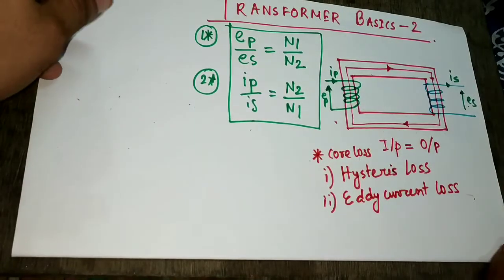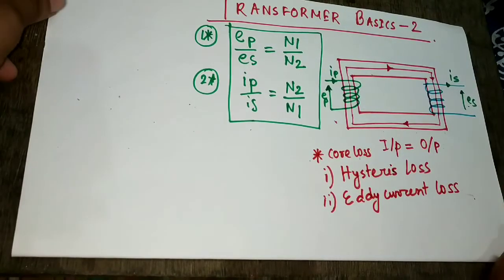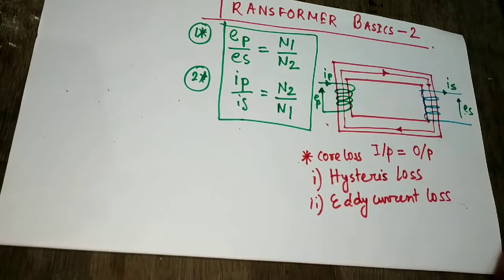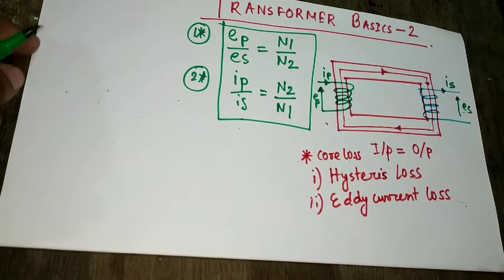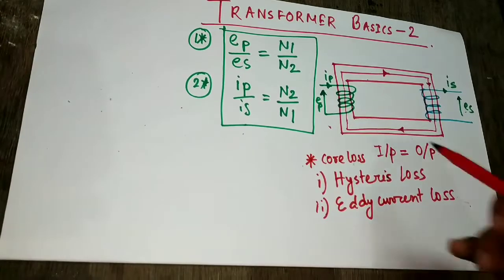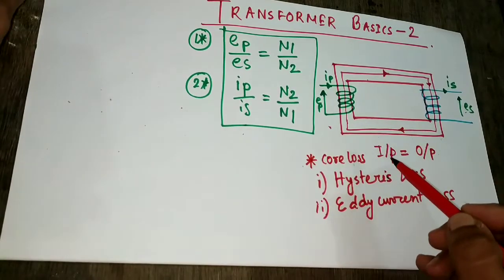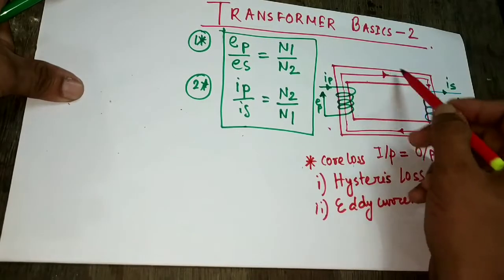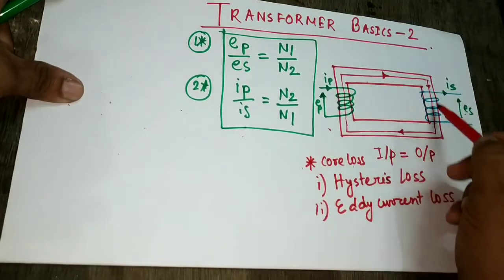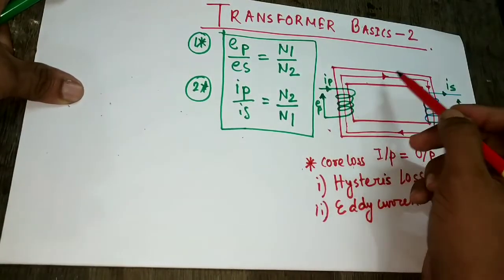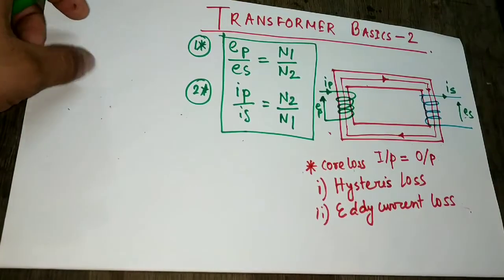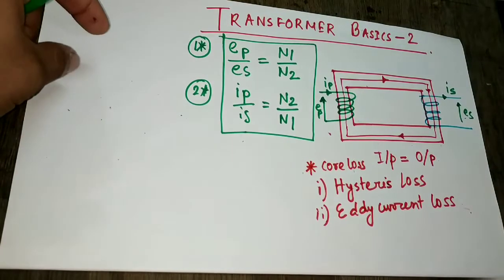Remember one thing, the core is made of magnetic material but not conducting material. If the core had been made of a conducting material, you can see there would be a flow of large current in the core, because the flux is flowing in this way, so there will be production of current also, given by the right hand grip rule.